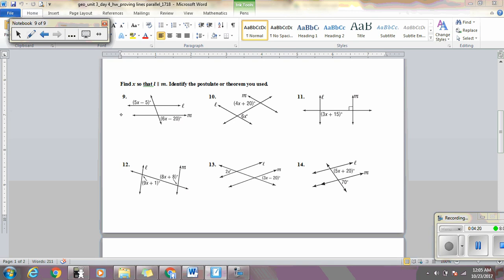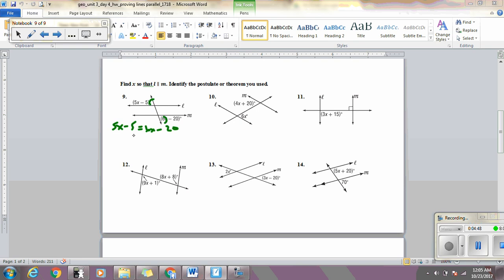So for these two angles in the picture, they're alternate exterior angles, and in order, alternate exterior angles would be congruent. So we would say 5x minus 5 is equal to 6x minus 20. And then solve for x.